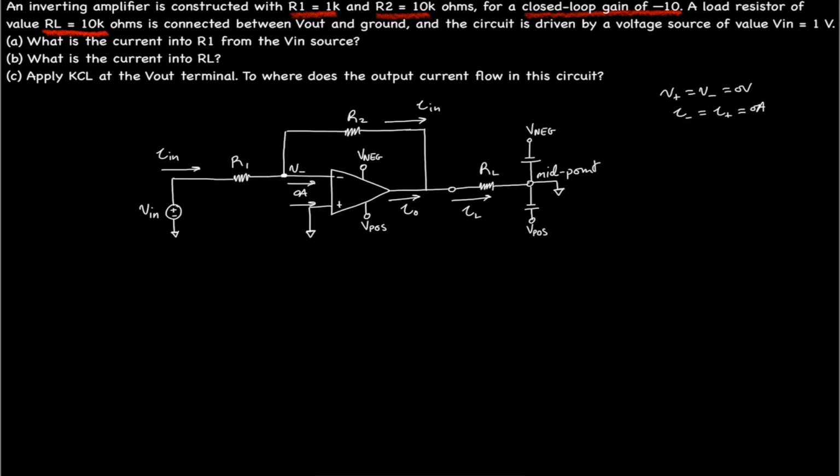So we can say that V minus is set to 0 volts, and by superposition, if we set Vout to 0, we then take the voltage across R2 with reference to Vin by using voltage division.